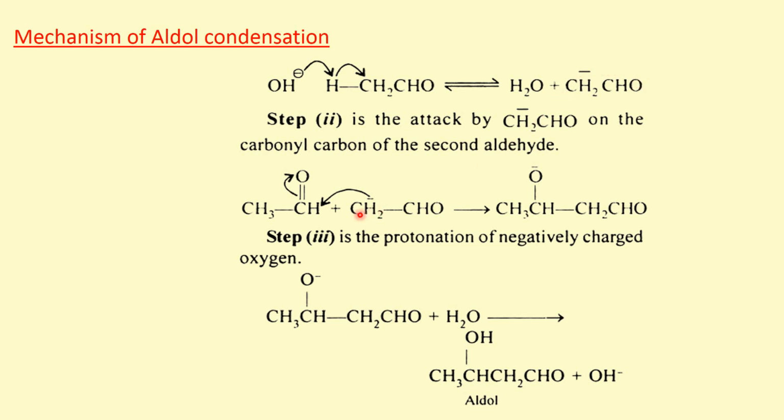Now this carbanion attacks the carbonyl carbon atom of another aldehyde molecule, and then what happens? This pi bonded electron pair shifts to oxygen and you will get this. And finally, this negatively charged oxygen gets protonated by taking a proton from water, and you will get the product, that is the beta hydroxy carbonyl compound.